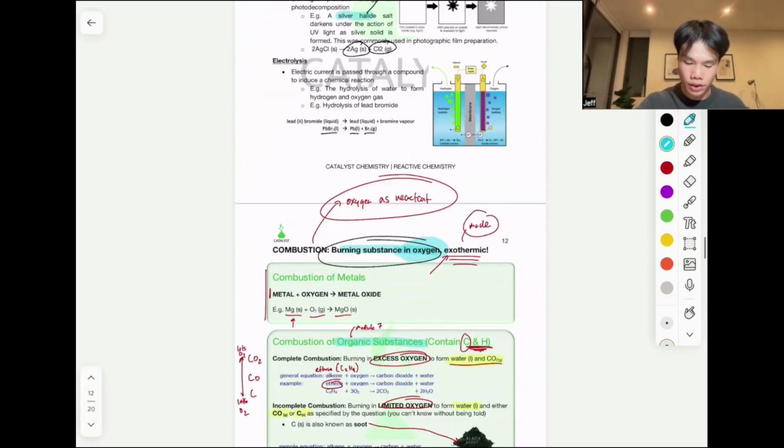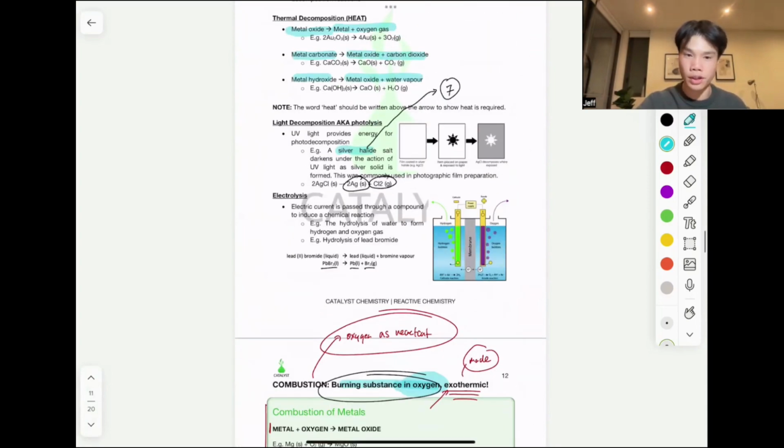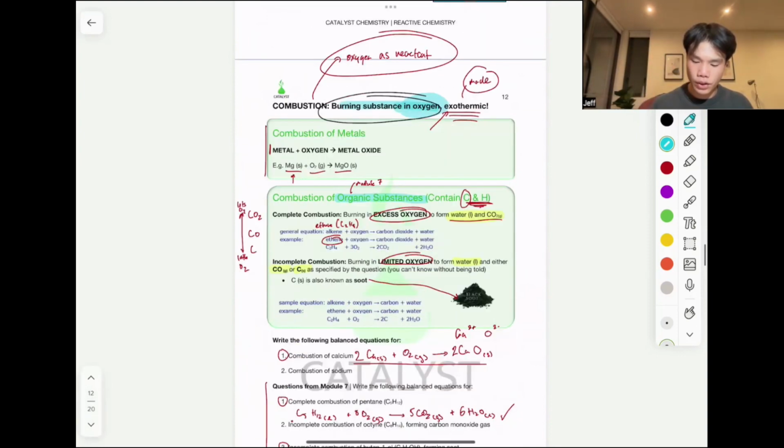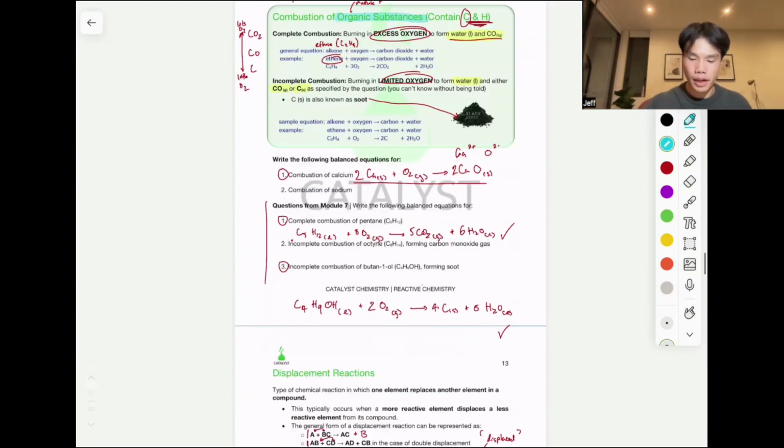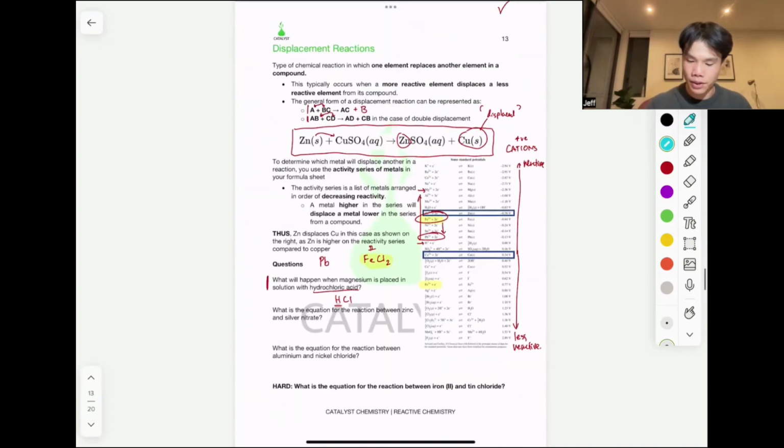Precipitation, and whether it's a synthesis, combustion, decomposition. As I said, synthesis, decomposition, a bit more general, but from combustion onwards, each of these should now be cases in your mind that you write out, you commit to memory, and you understand how it works. If you understand how it works, it'll be much easier to remember, but we'll leave it at that for today.